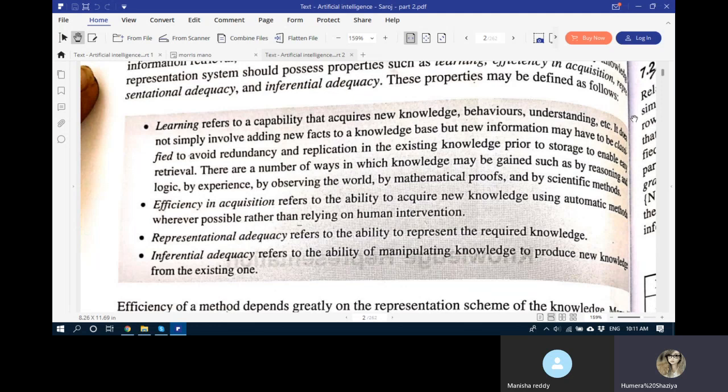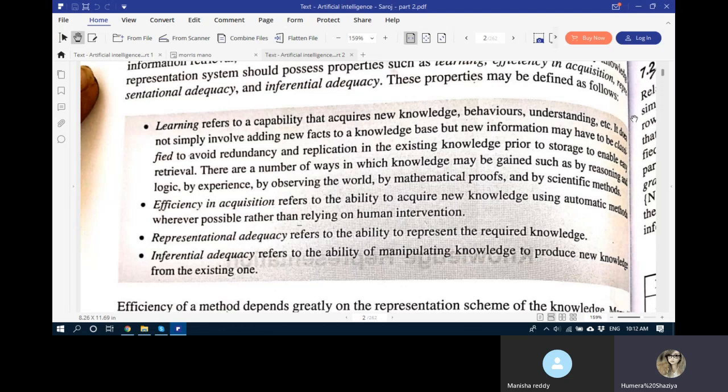Efficiency in acquisition refers to the ability to acquire new knowledge using automatic methods. A machine should be able to learn to acquire new knowledge efficiently by using automatic methods.